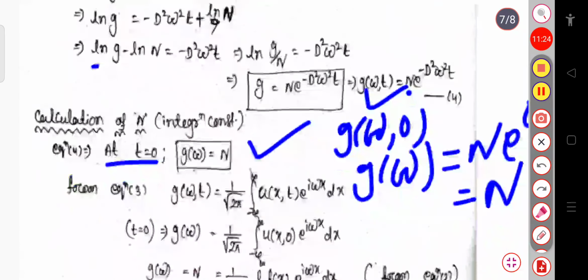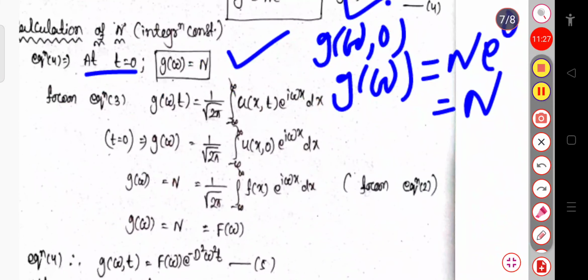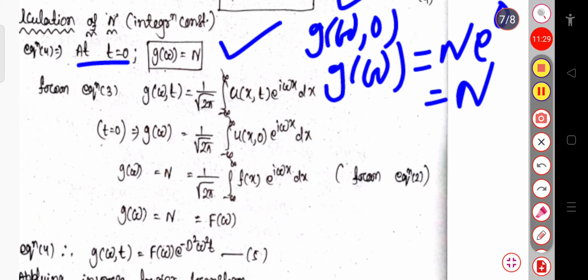So in this equation 3, if I put t equal to 0, just try to write in your copy so that it will be clearly understood by you. At t equal to 0, g of omega will be equal to 1 by root over 2 pi integration over minus infinity to plus infinity u of x comma 0 exponential i omega x into dx.